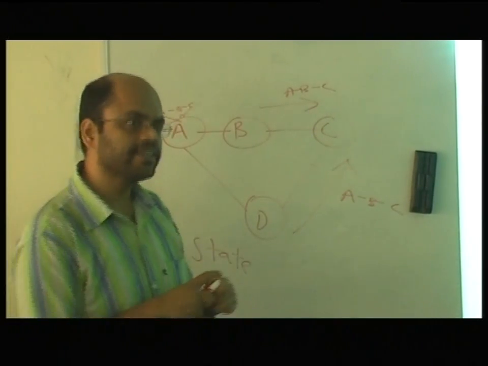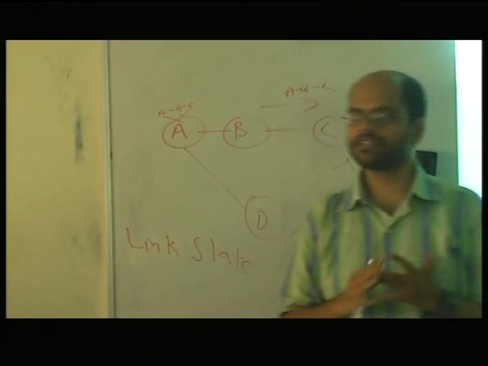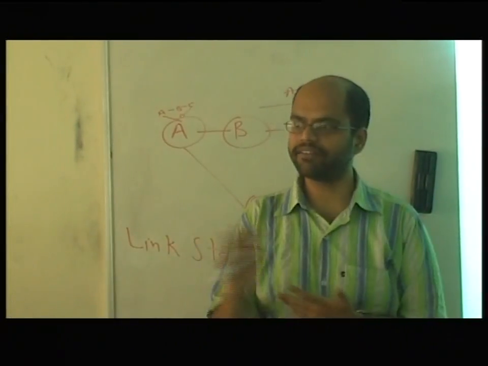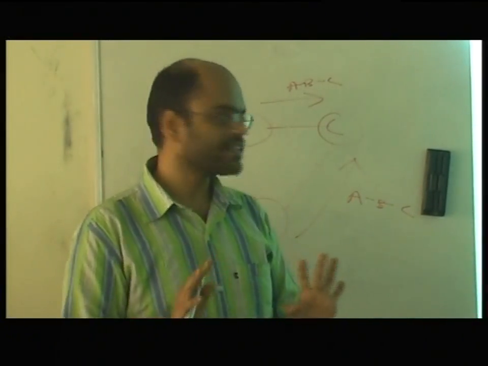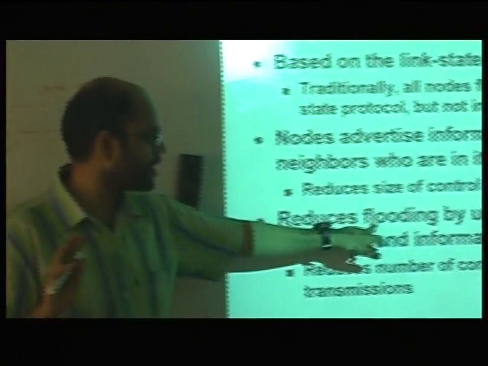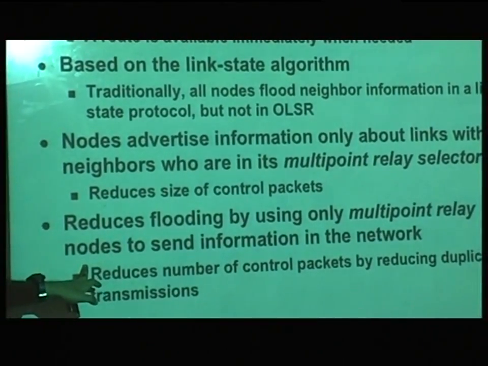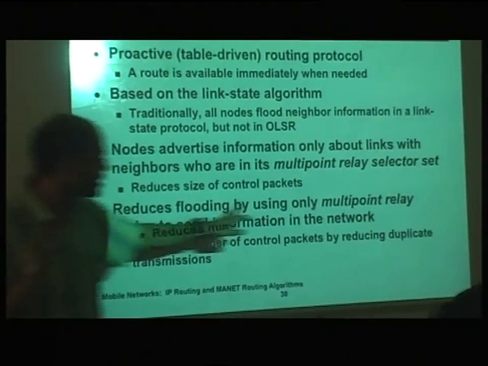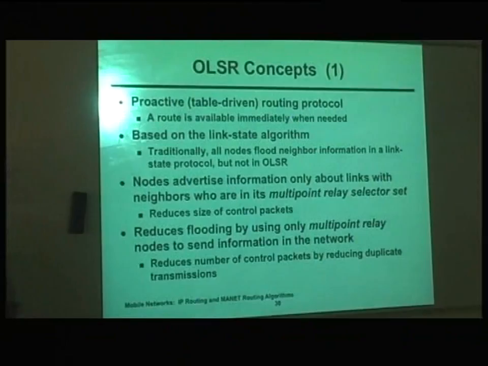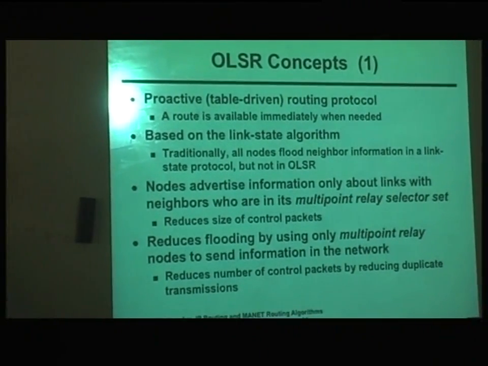Now finding this subset is a hard problem. Leader election, if you are taking the distributed systems course, even in democracy it's very hard, right? So finding leaders is hard, but we'll see how to do that. But what this is saying is reduce flooding by using only multi-point relay nodes. That means you select some relay nodes which have special authority to send information about the network, and everybody else keeps quiet.